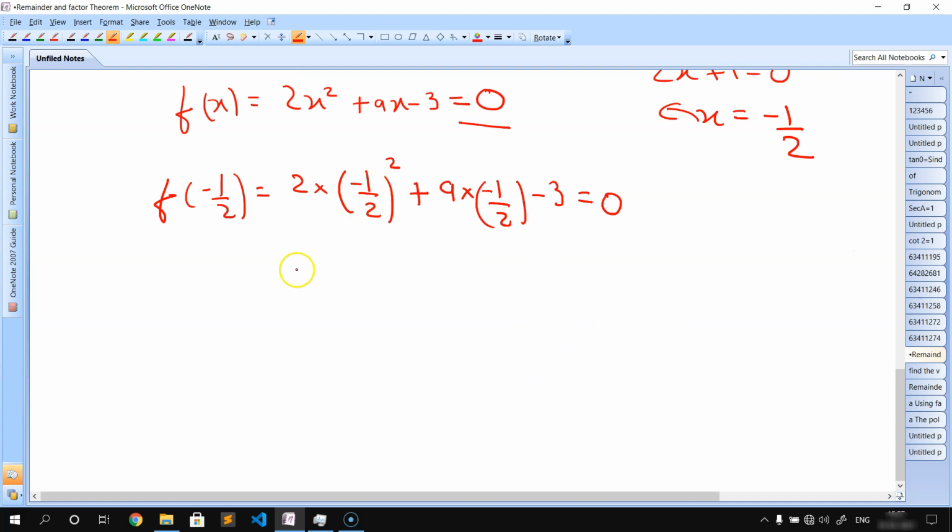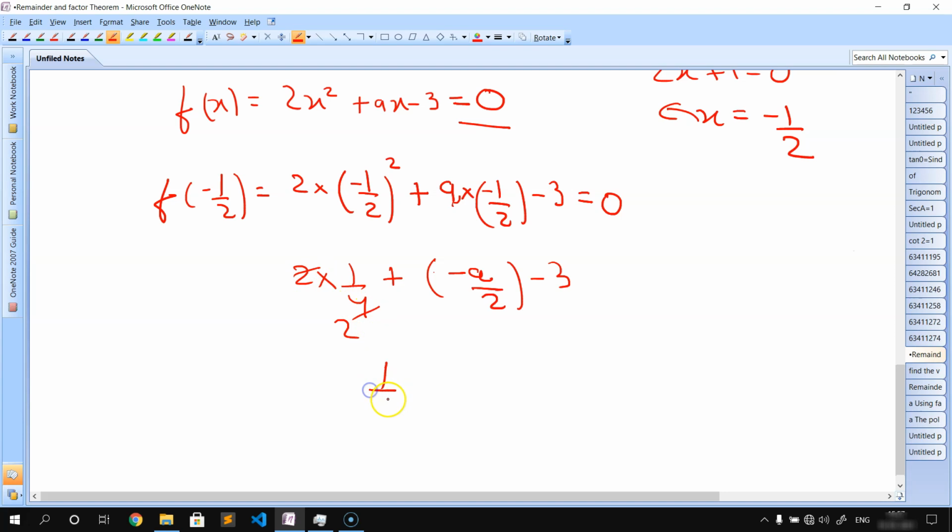So it will become 2 into minus half square, it will become 1 by 4, plus a into minus 1 by 2, it will become minus a by 2, minus 3.